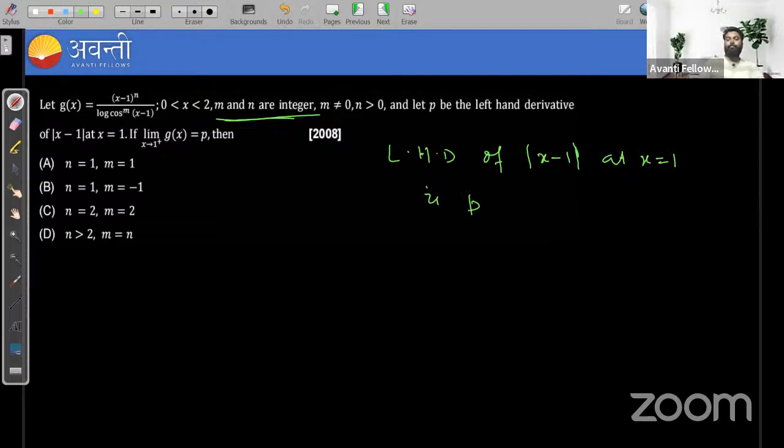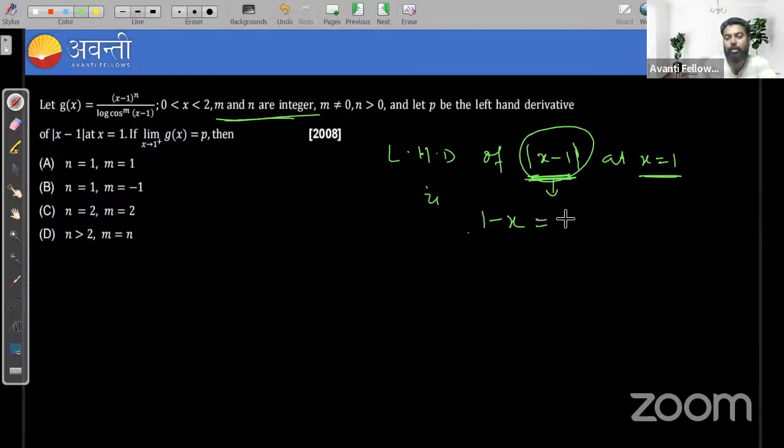So what is p? At x is equal to 1, we find the limit as x tends to 1 minus, the left hand derivative. When x tends to 1 minus, this function becomes 1 minus x.